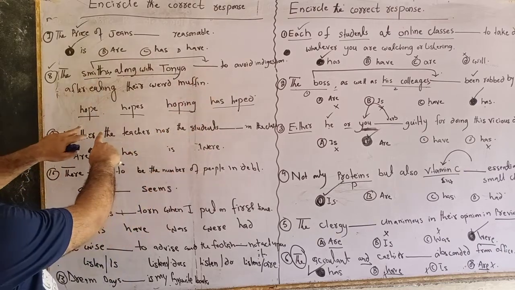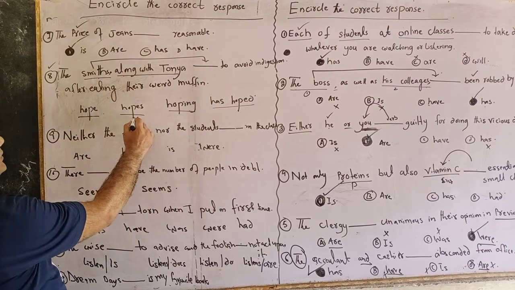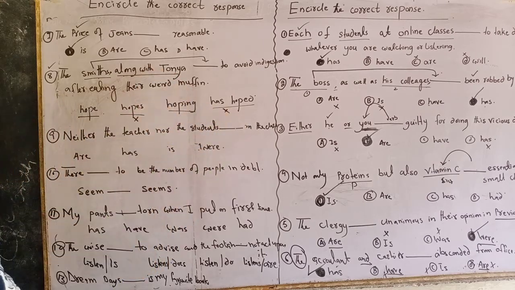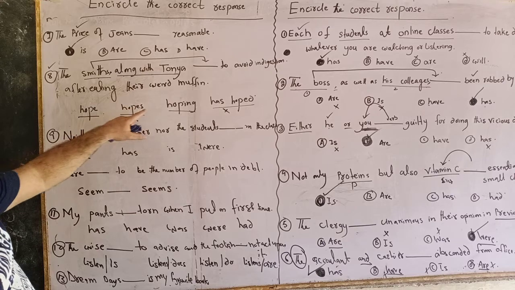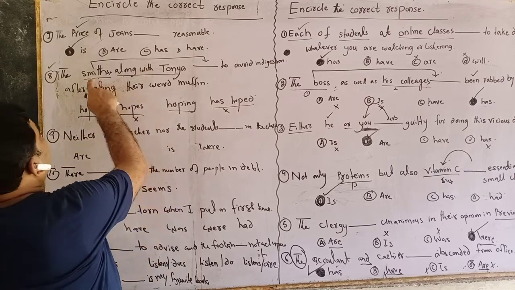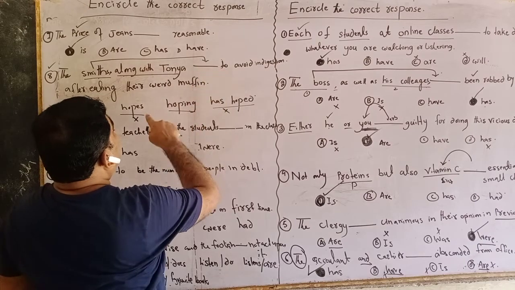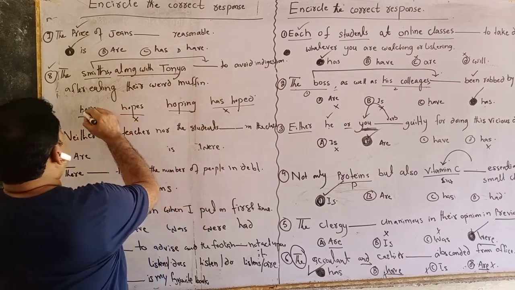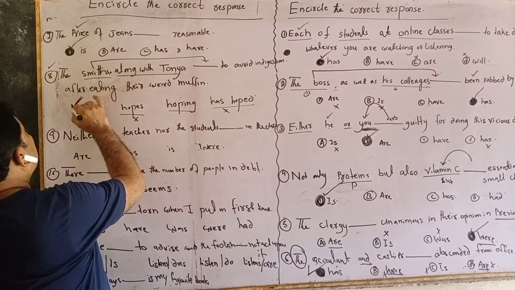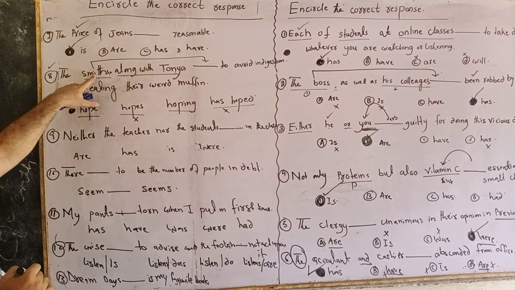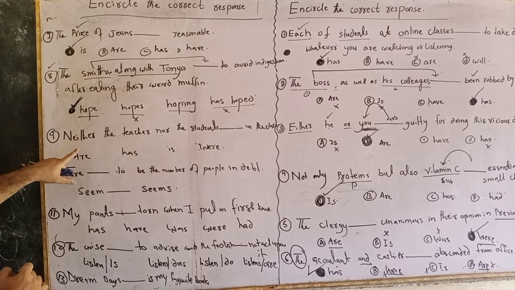Now which one is plural here? This is singular and this is singular. Both have been deleted. Now hope and hoping. Hope would be the accurate answer, because Smiths is plural, a family name.